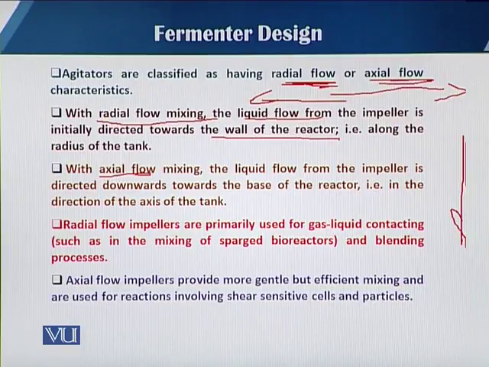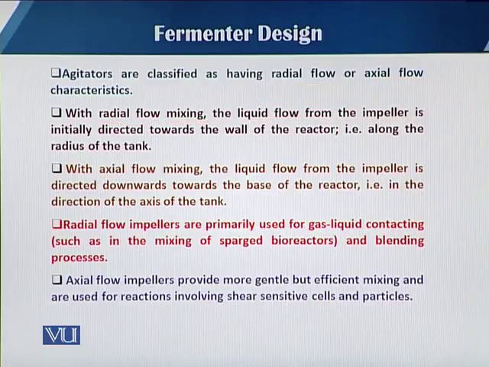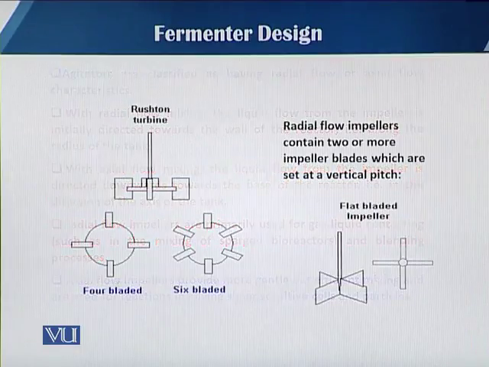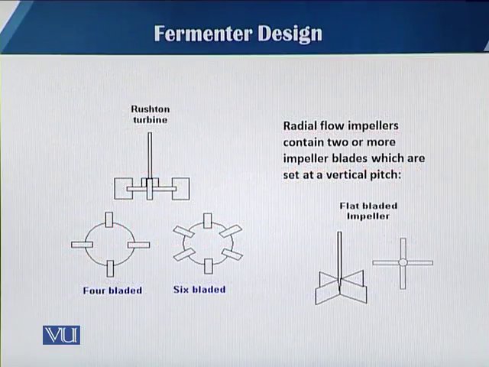So the radial flow impellers are primarily used for gas-liquid contacting, while the axial flow impellers provide more gentle but efficient mixing. We will talk about the details with a graphical representation of the radial flow as well as the axial flow. Here you can see in this slide the different radial flow impellers.